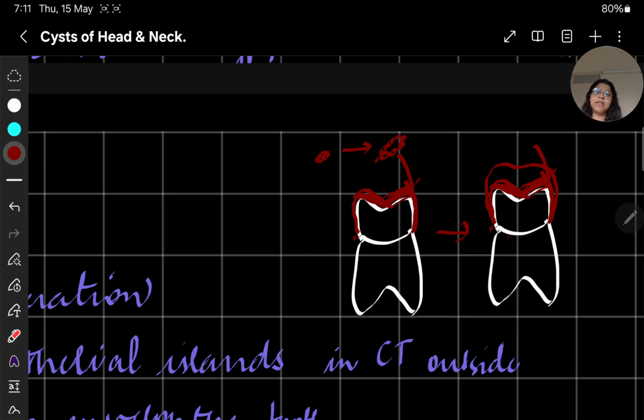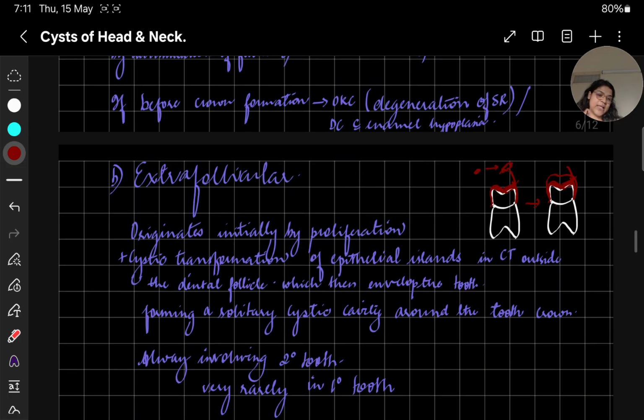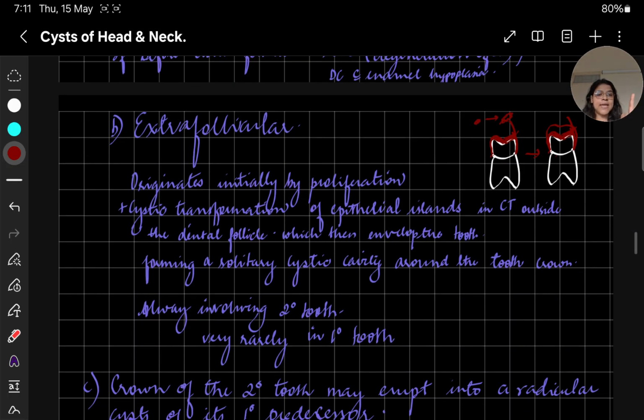So this is what happens in extrafollicular, which originates initially by proliferation and cystic transformation of epithelial islets, the rests of Serres, in connective tissue outside the dental follicle, which then envelopes the tooth, forming a solitary cystic cavity around the tooth crown. This always involves the secondary tooth, very rarely the primary tooth.